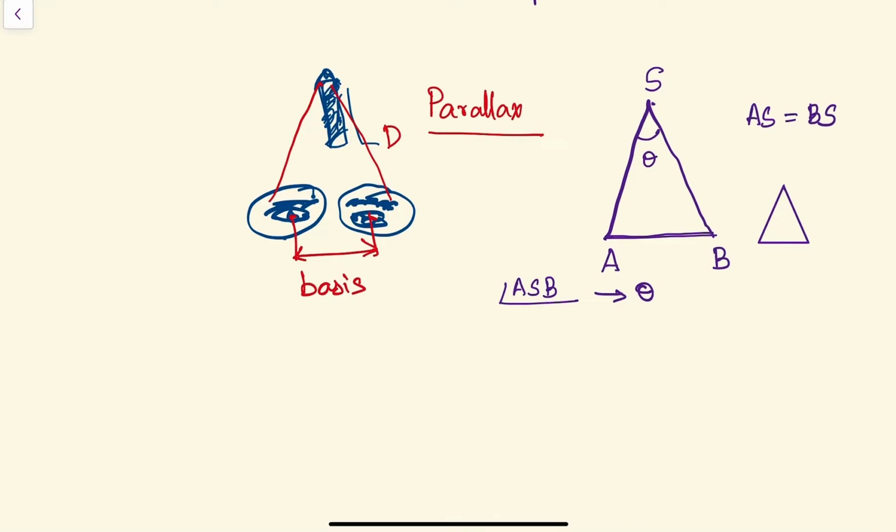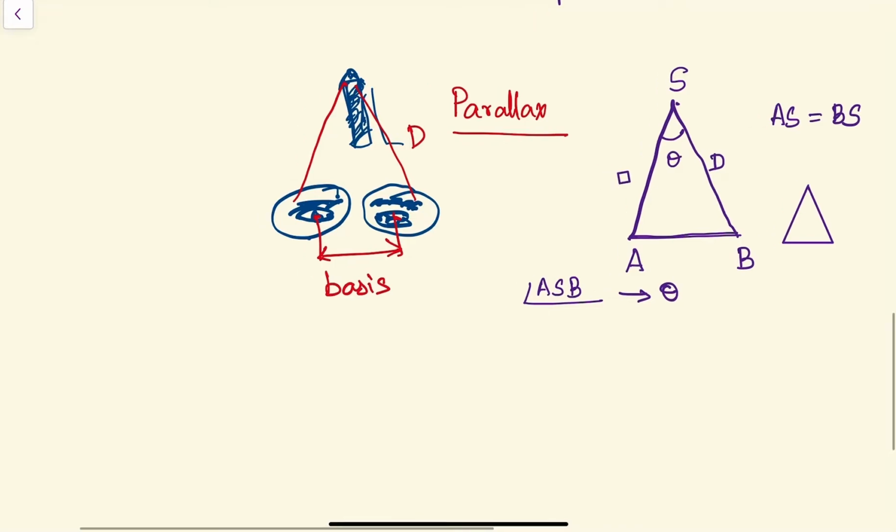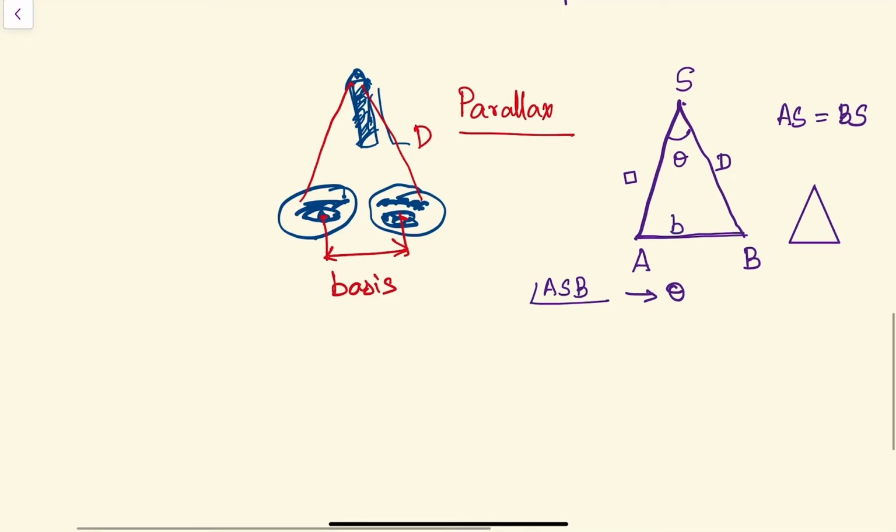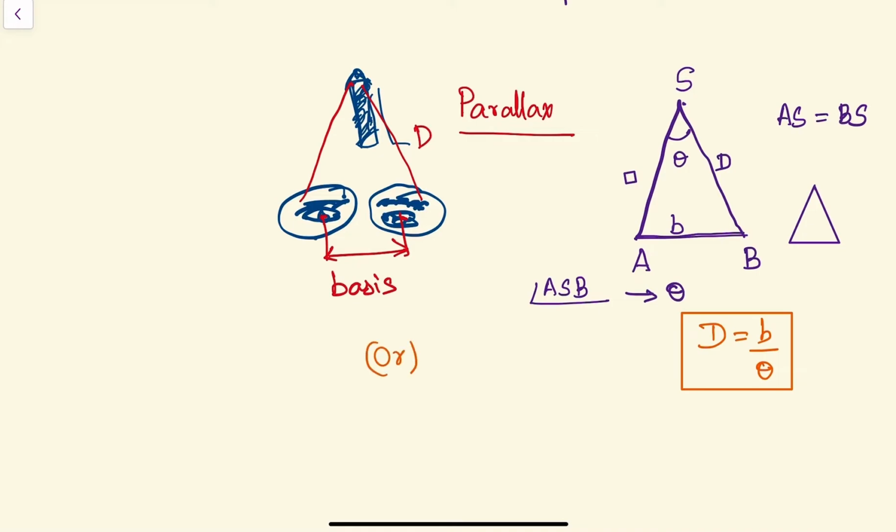What is D? How to write D? This is called the distance D. D is equal to AB by theta, or theta is equal to B by D. B is the basis.